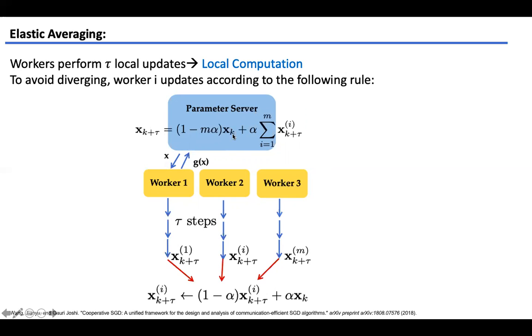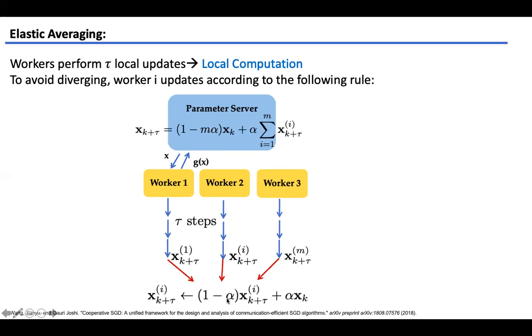Therefore, elastic averaging was proposed, and it follows the same steps as local SGD. The only difference is that after performing a number of local SGD steps and coming up with the new model, the worker doesn't share the new model. It shares a linear combination between the new model and the previous global model. The reason for doing so is to pull the new model back towards the previous one, so the difference doesn't grow so large.